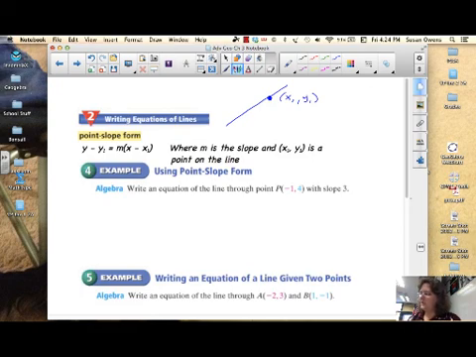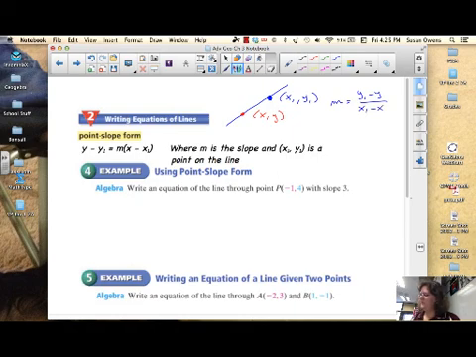Then we say, any other point on that line could be of the form x comma y. So the slope of this line would be, we subtract the y's on top, and we subtract the x's on the bottom.